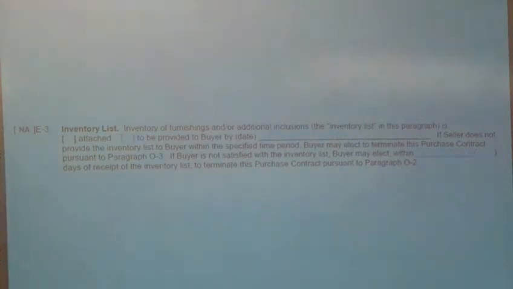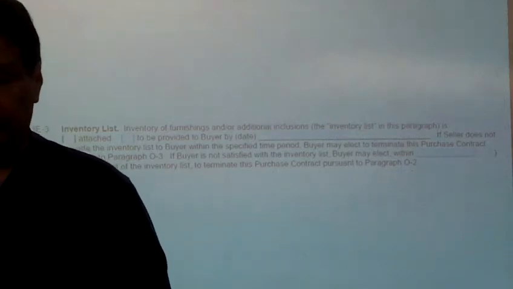Because if it's a multi-million-dollar home, the furnishings in multi-million-dollar homes can be substantial in cost and value. And sometimes a lender will say, if that's included in the purchase price, we have to get all that furniture appraised and figure that into the purchase price. So then it just complicates things. So be aware of it, okay?